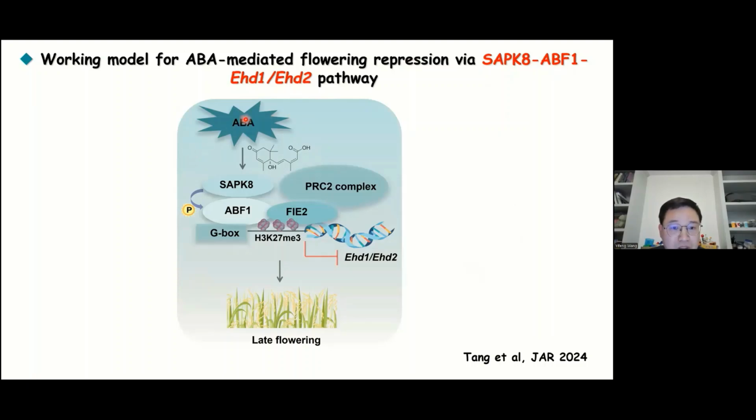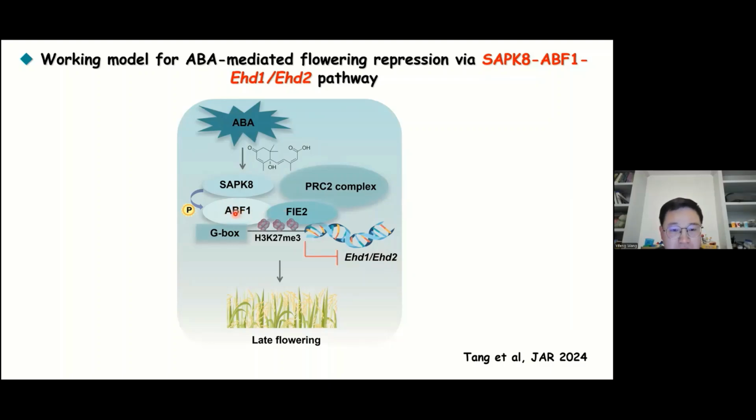That is, exogenous ABA treatment signal can be transmitted by SPK10 protein kinase, and then SPK10 kinase can phosphorylate ABF1. Then ABF1 can directly bind to the promoters of the rice positive flowering regulators HD1 and HD2.